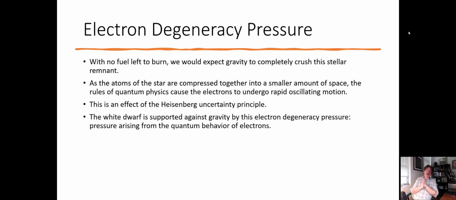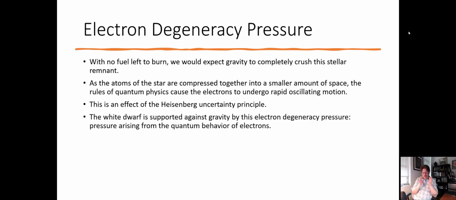And the answer to that question is no. What we have is that the star is now what we refer to as degenerate. And in this case, it's electron degenerate. And the reason for this is due to the Heisenberg uncertainty principle.